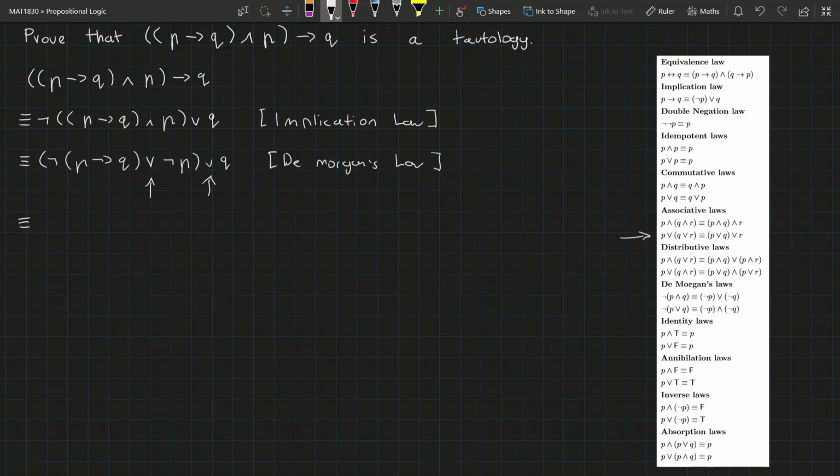So we can do something like this. And once again, I'm going to use the implication law because there's an implies here. So this one right here.